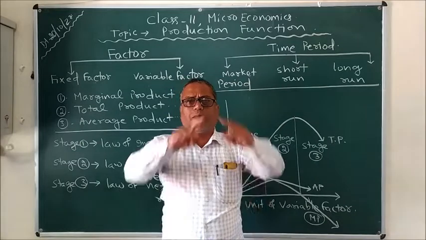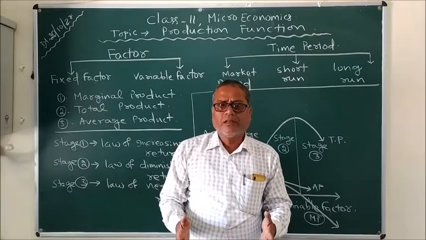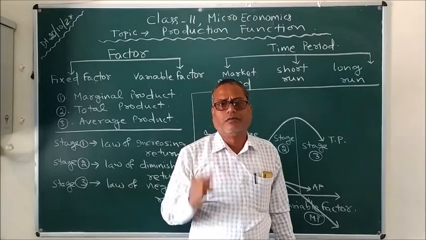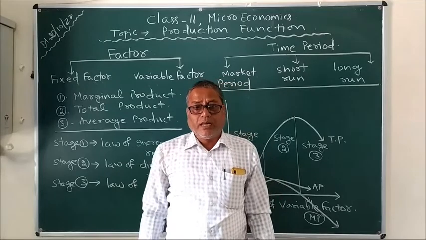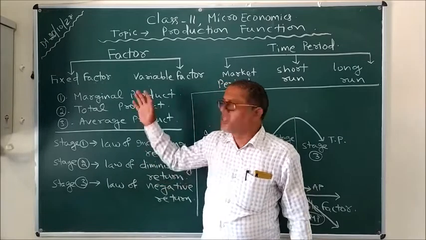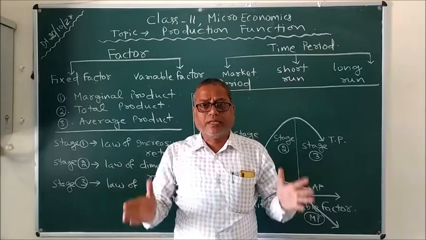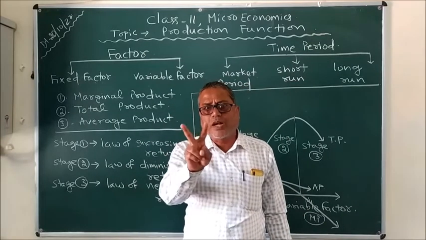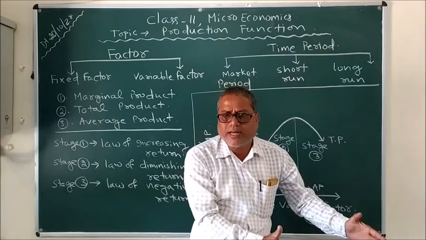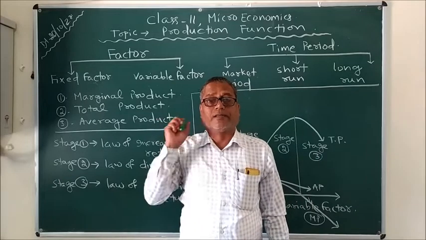See, suppose we have a piece of land, and the land is a factor, and we are doing cultivation of wheat. Let's simplify our model and just think that we need only two factors to produce wheat. One is the fixed factor, that is land, and another is the variable factor, that is fertilizer.